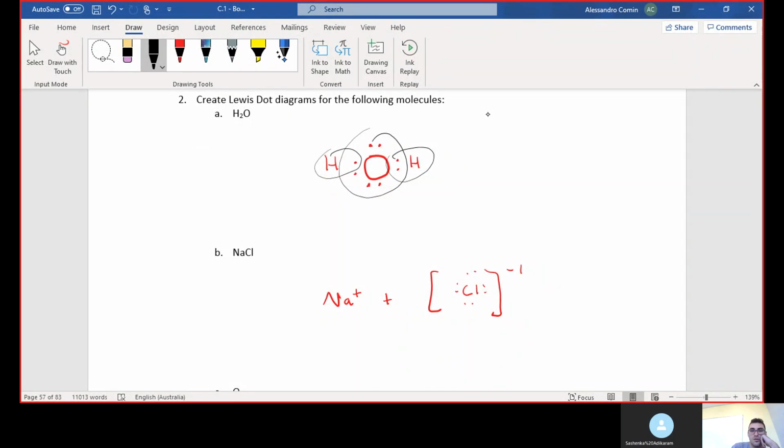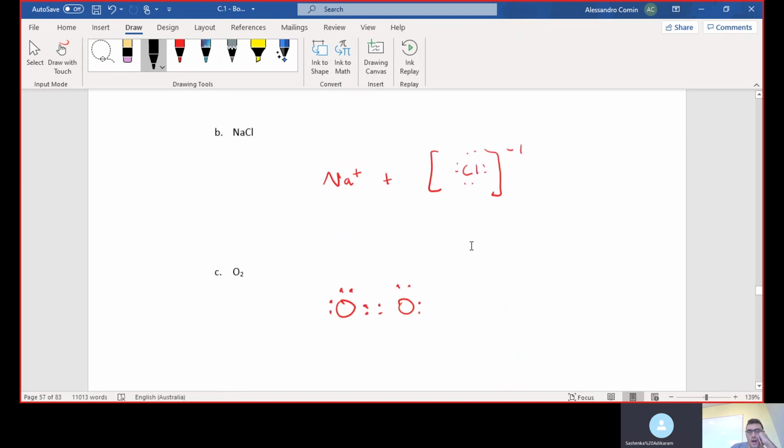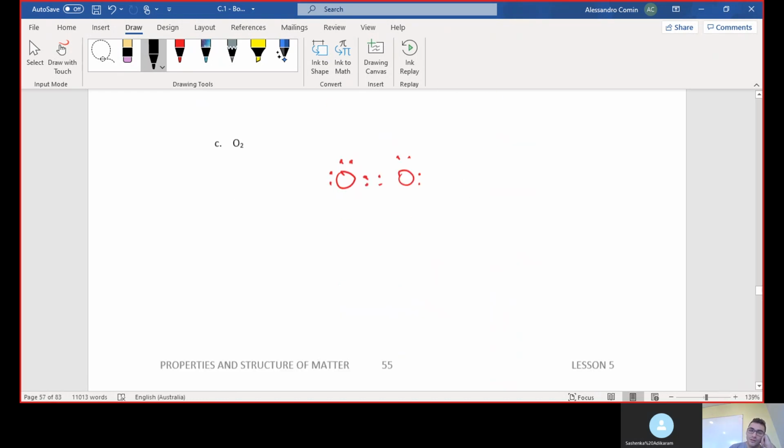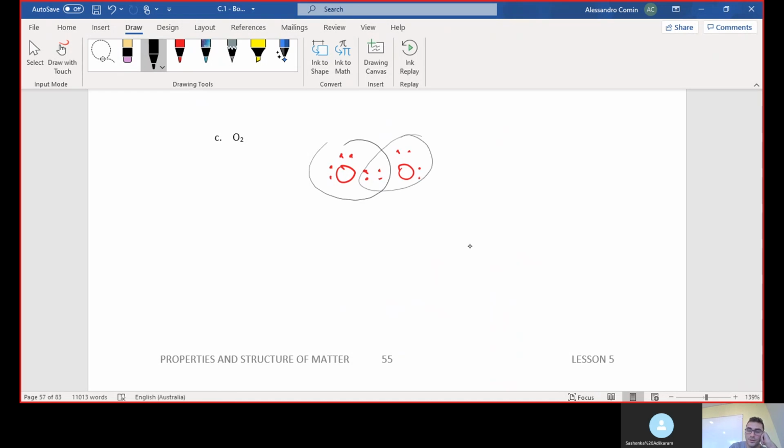Okay, so for water, the hydrogen's happy and the oxygen's happy. For sodium chloride, this is an ionic bond, so the cation plus the anion with the full shell and the respective charges. And for O2, well, it's just happy, happy. Did you get all of it? Yeah. That's good.